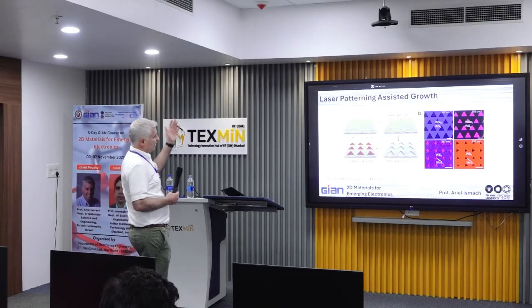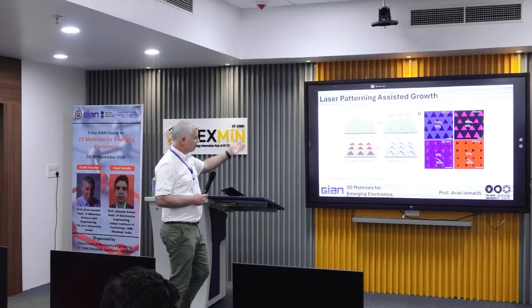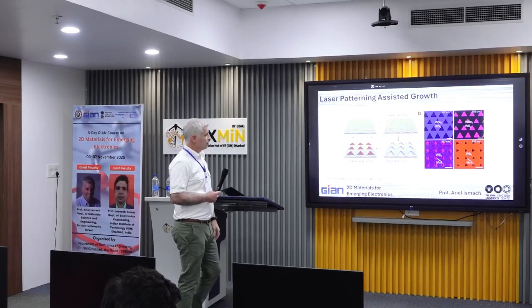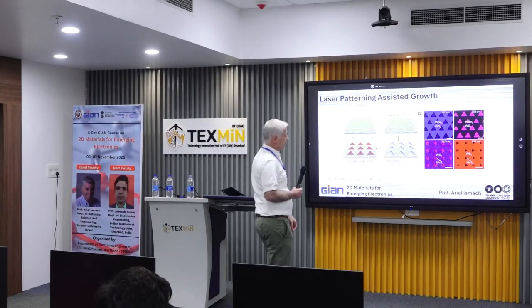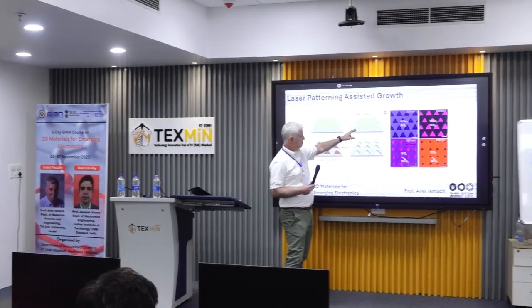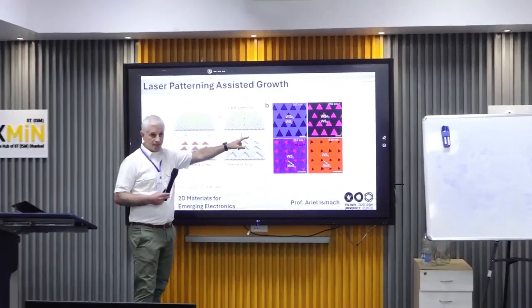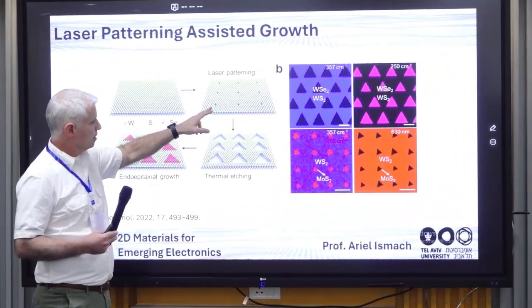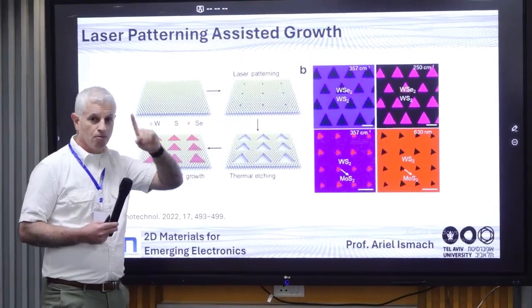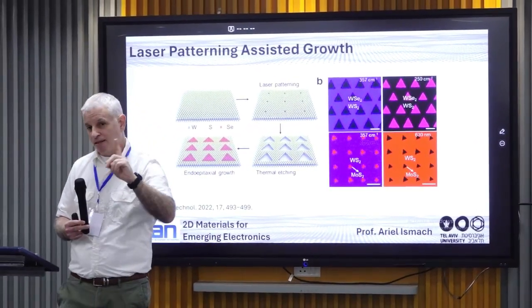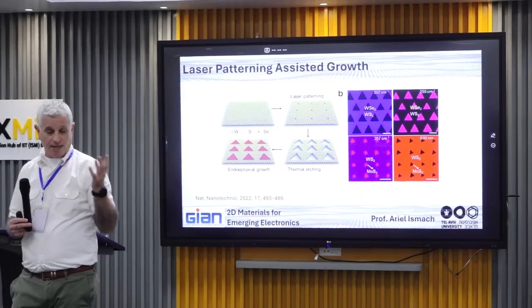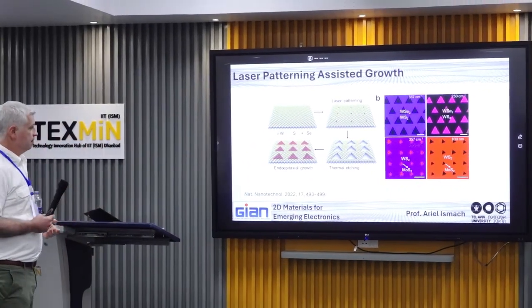So in this case, they take a continuous layer of whatever material you choose. You start by laser patterning the defects, as schematically depicted here. Now here, the schematic is one-atom sulfur deficient. I guess that the defect is larger than that.